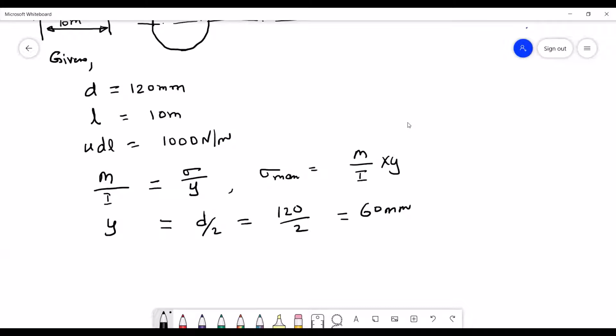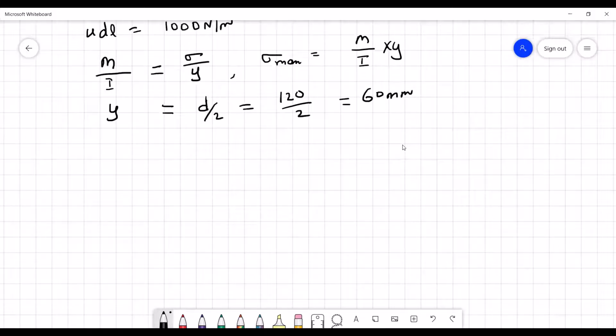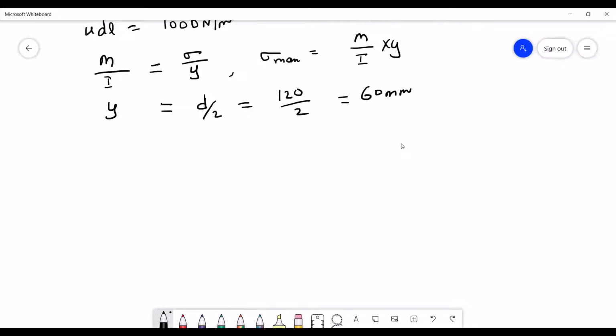Then the maximum bending moment we have to find out. The bending moment M is equal to W L square by 8. And if you want to go through more details of theory, my video is there on complete theory of bending stresses, and the link is given in the description.